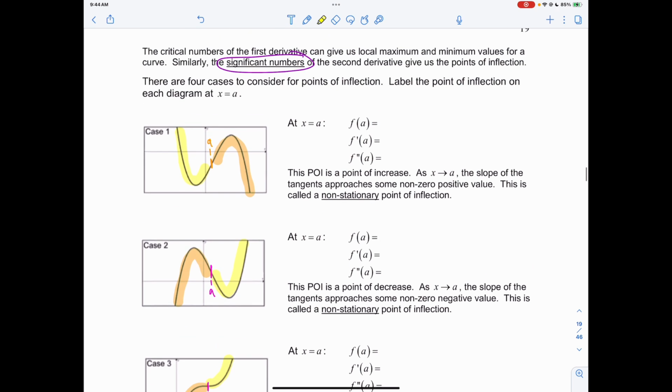Now, at this point of A, for case 1, we can see that our original graph is below the x-axis, so it's negative. Our slope at this point of A is positive.